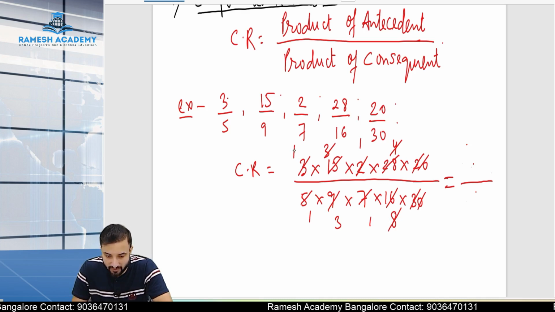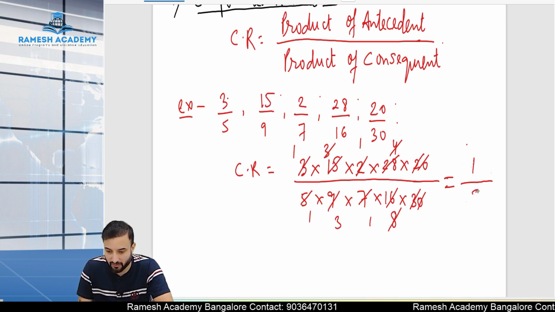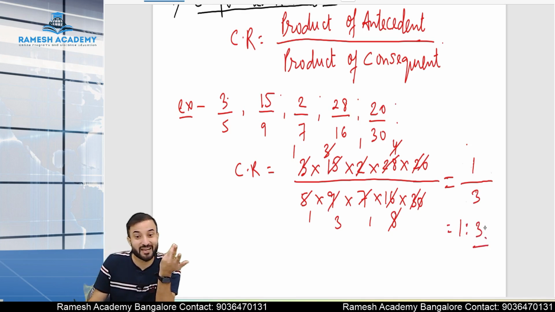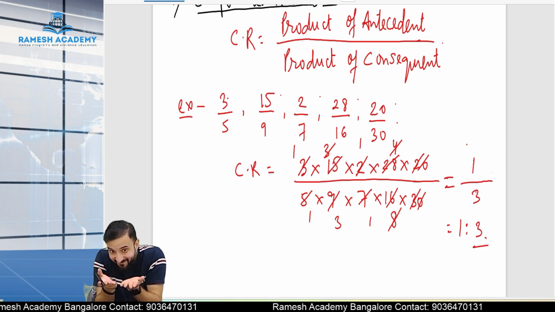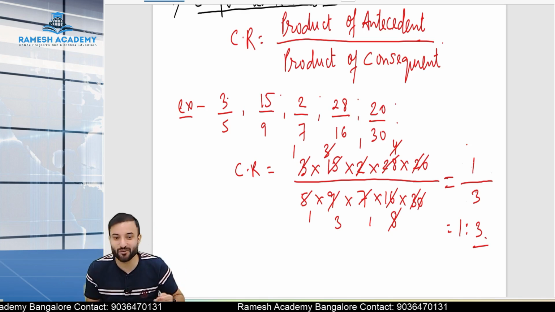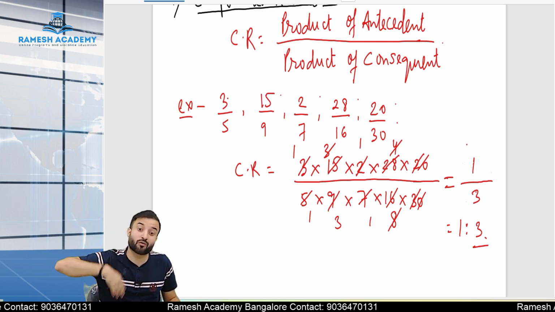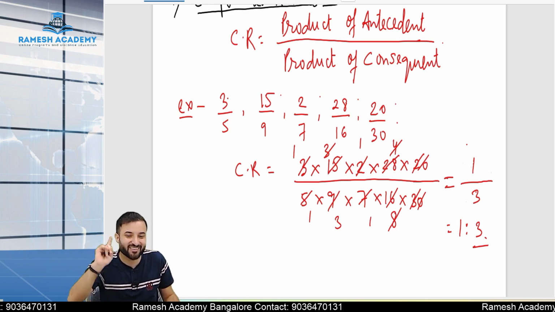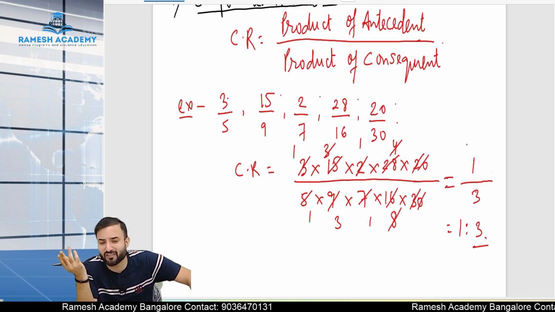In the numerator we will get 1 and the denominator will get 3. So the answer is 1:3. See, directly you will get the answer in simplified form. No need of using the long calculation and then again simplifying. Just use the human brain, Mentos life.